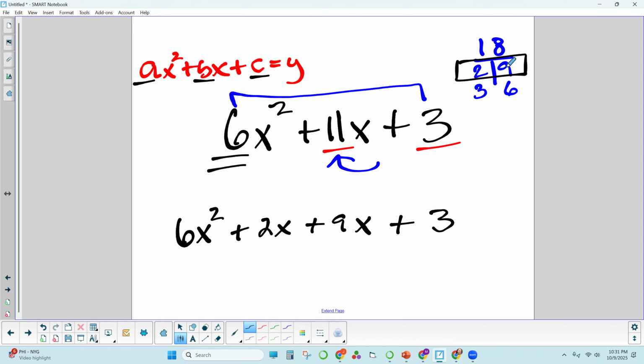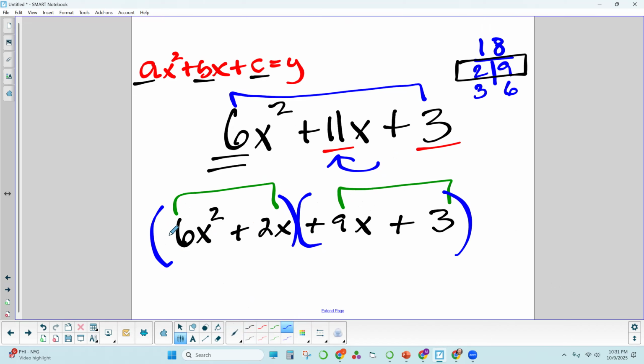Again, you can put the 9 and 2 in any order, but you want to make sure, if we did the math right, this should check out: the ratio of 6 to 2 is the same as 9 to 3. So this is ready to be grouped. So now we have a four-term polynomial that we will use the grouping method for.